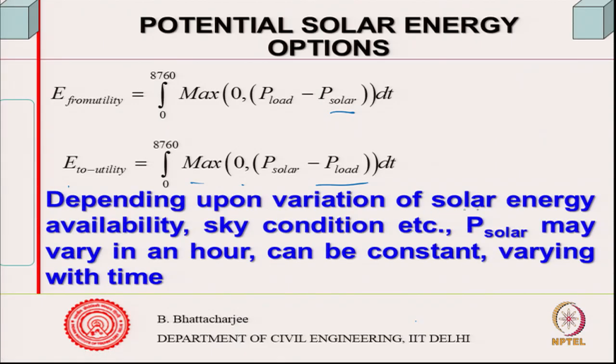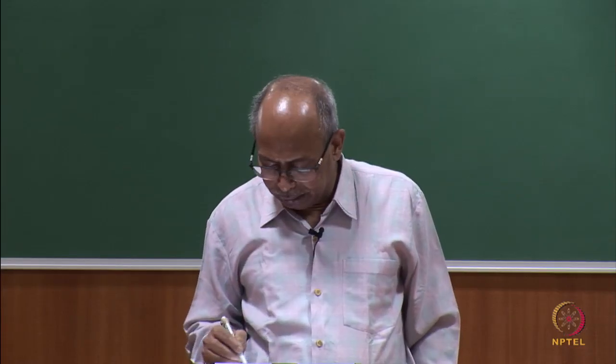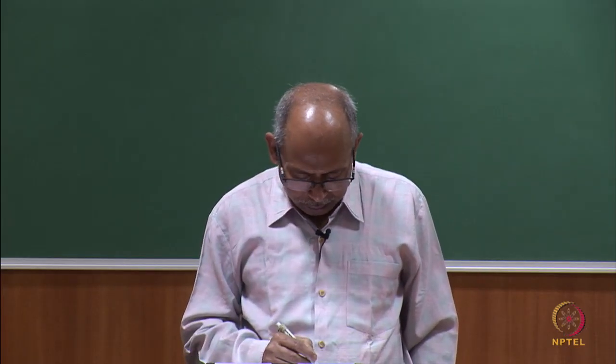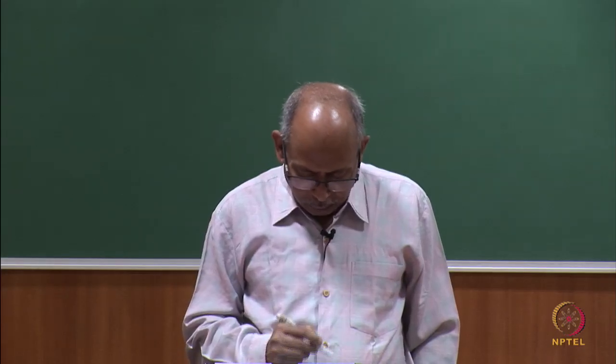So, depending upon variation of solar energy availability, sky condition, etc., this may vary in an hour and can be constant or varying with time. So, you might take hourly values, that itself is good enough, right. So, depending upon sky condition, everything put together, this will vary, and therefore one may integrate over the whole year.